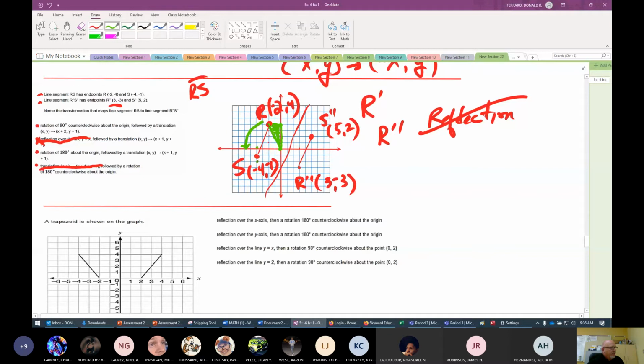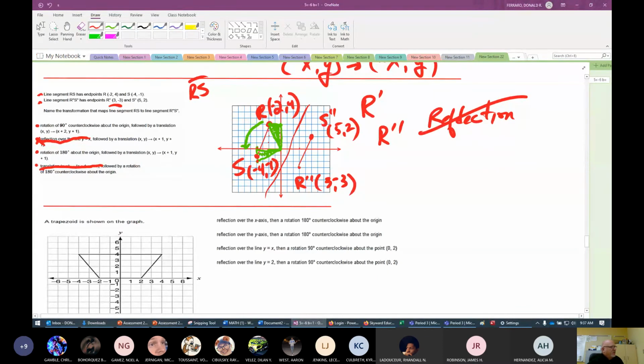So R prime would be down here, and that would be my new triangle. But we know that that doesn't map. That's not far enough because R prime would end up here. I'll put that in red. R prime would have ended up here, and S prime would have ended up somewhere down here.